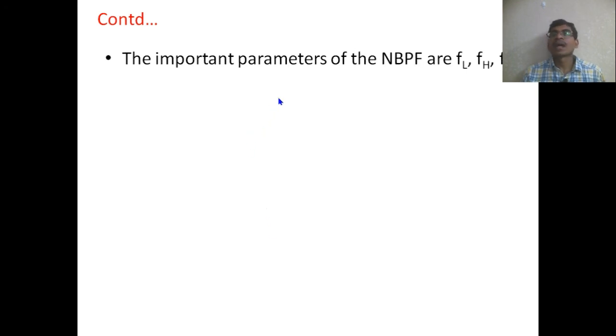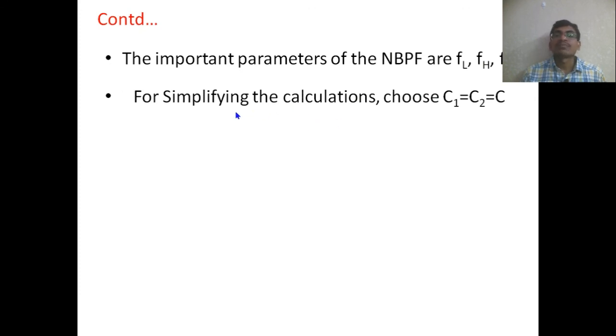The important parameters of the narrow band pass filter are FL, FH and FC. FL is the lower cutoff frequency, FH is the higher cutoff frequency and FC is the center frequency.